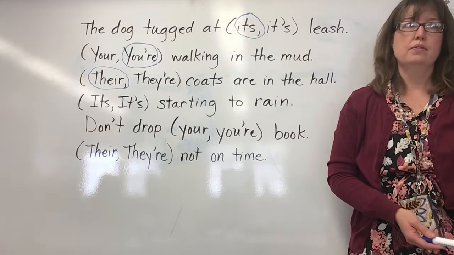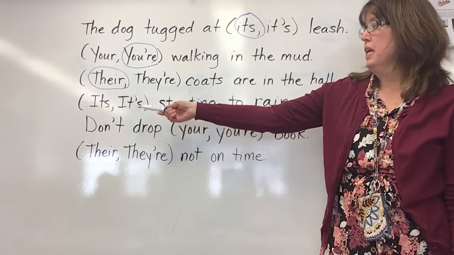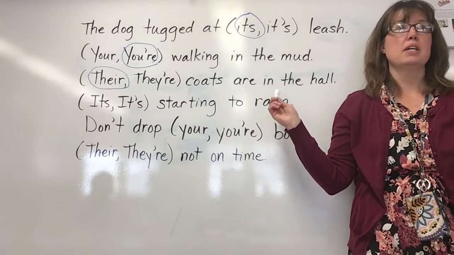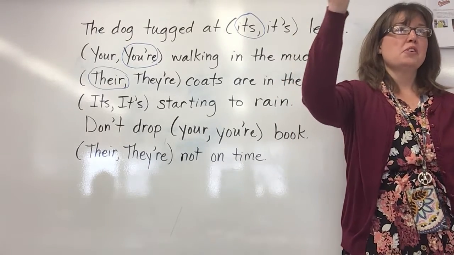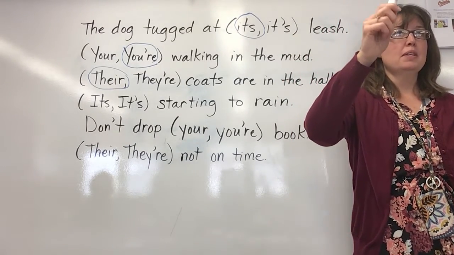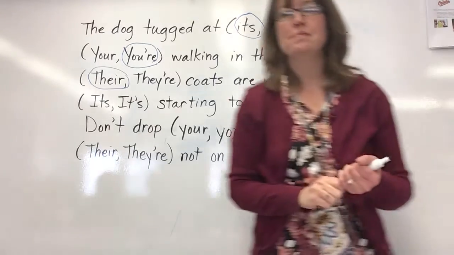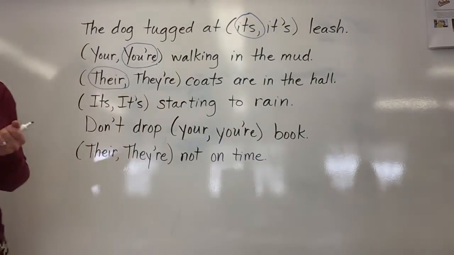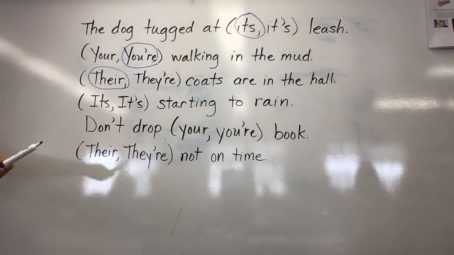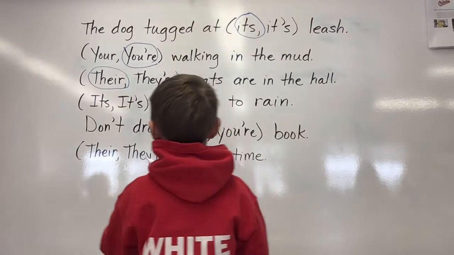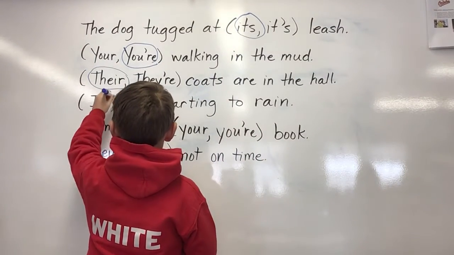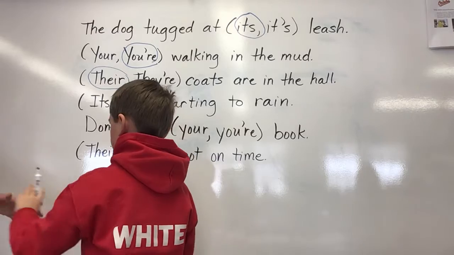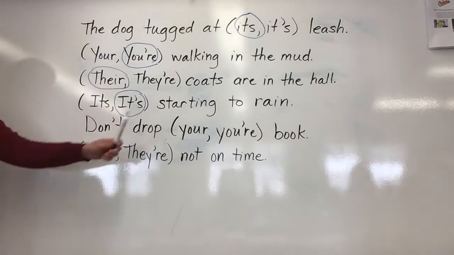No, it wouldn't. Next one, it's starting to rain. It's always hard to pick. All right, Caleb. Very good, because we need to use a contraction. It is starting to rain.